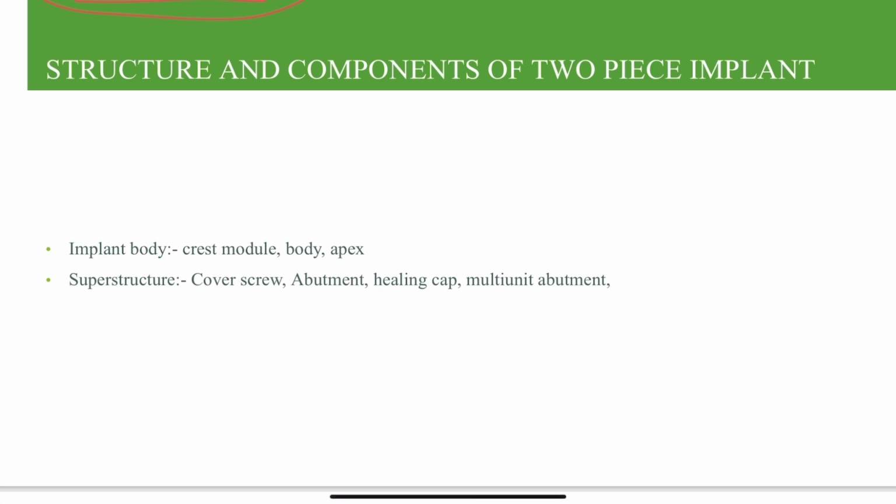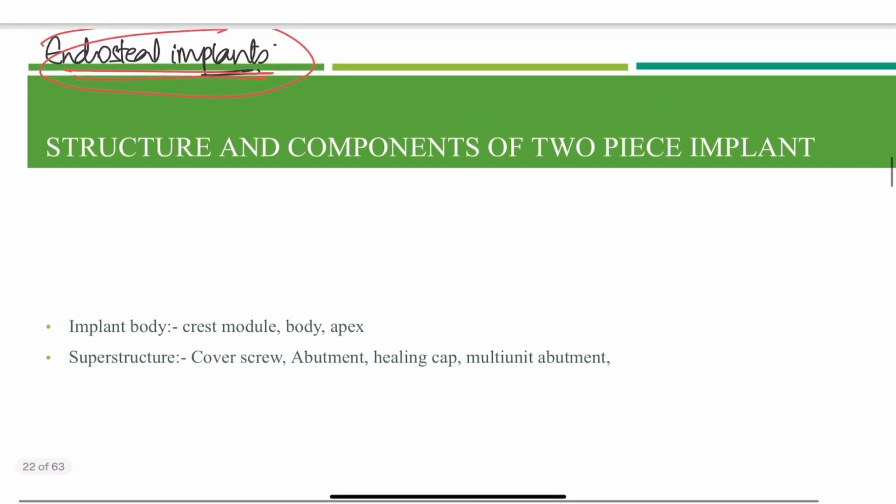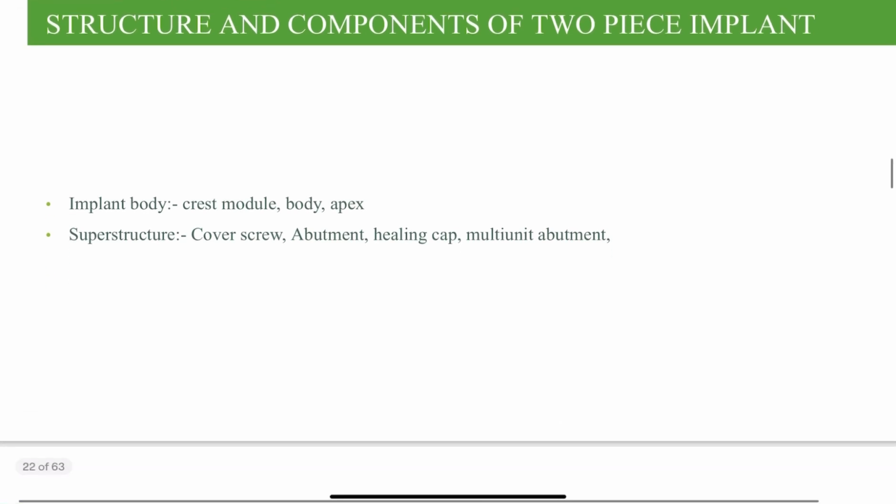Structure and components of two-piece implants. Now let's talk about the endosteal implants. The endosteal implant consists of two parts. The first one is the implant body, that goes inside the bone.